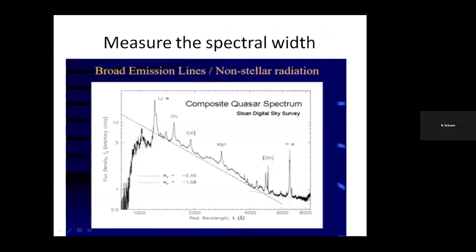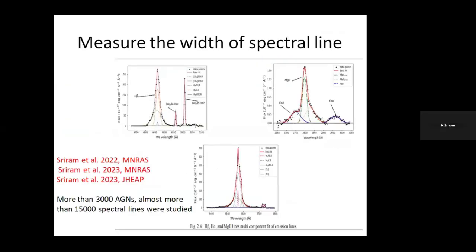One method is this: a typical spectrum of AGN, or very active black holes or active galaxies. You will see many lines: carbon line, magnesium line, oxygen lines, H alpha lines. We study the width of these lines, and by measuring the width of these lines, we can know what the mass is. These are my works in 2022, 2023.